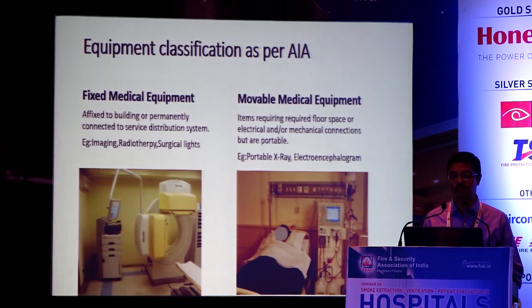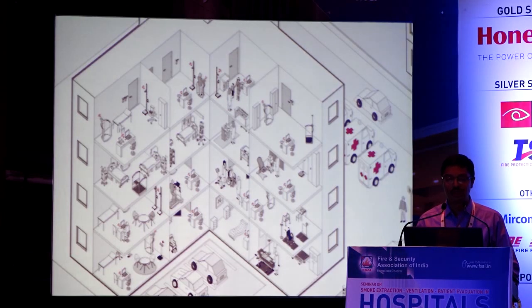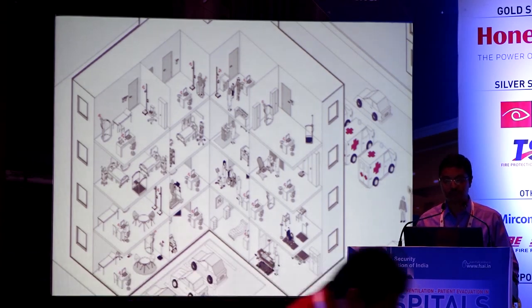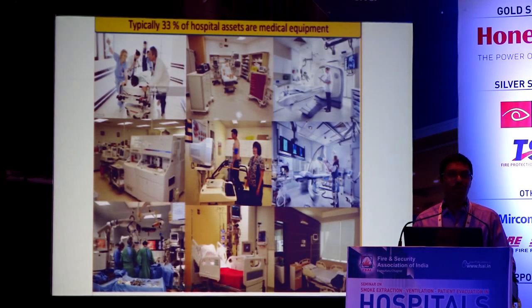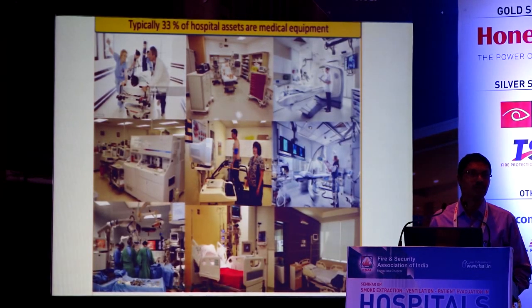This is the sectional view of the hospital. In any tertiary care hospital, you will have the emergency, the diagnostic setup, the wards, the OTs, ICUs, and various facilities around. Now, typically in any hospital, 33% of the assets are medical equipments.